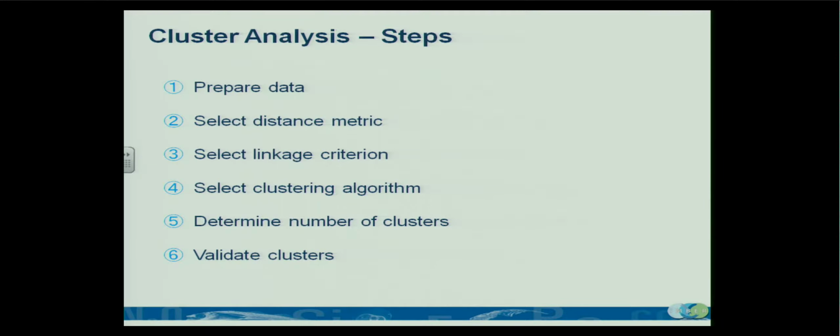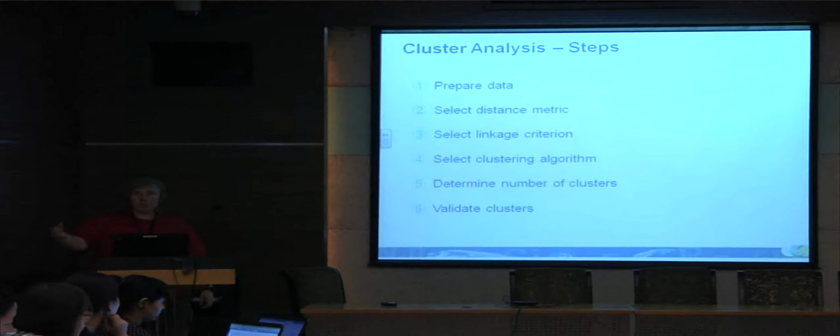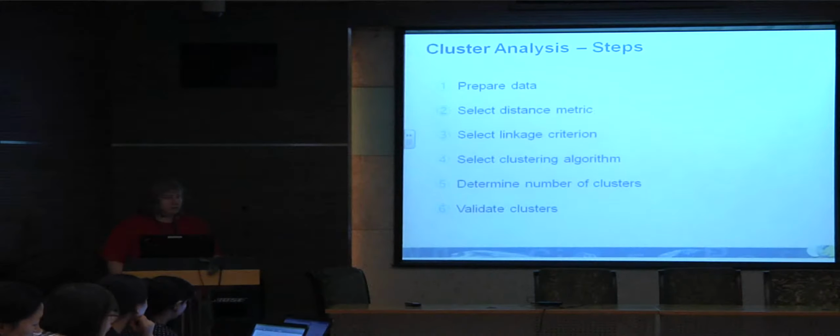Then you have to pick which distance metric you're going to use, so how you're going to measure the difference between the clusters, and I'll go through what those metrics are in a minute. Then how you're going to check whether those clusters are really separate. What's the linkage criterion? You know, how are they being linked or pulled apart? The actual algorithm that's used by the calculation.